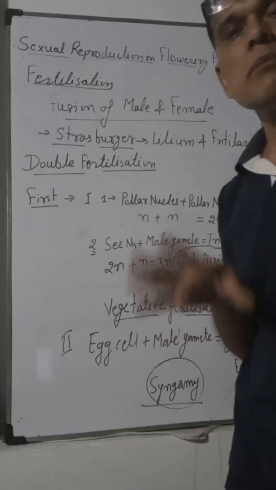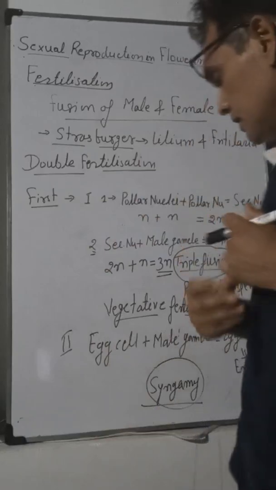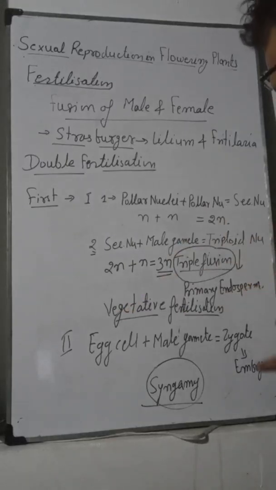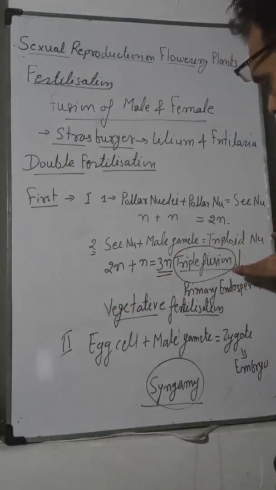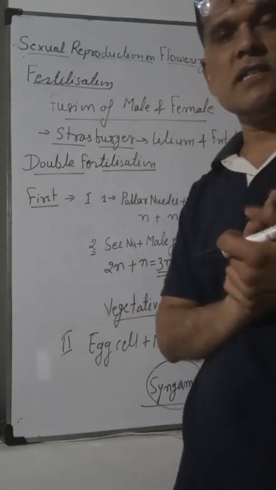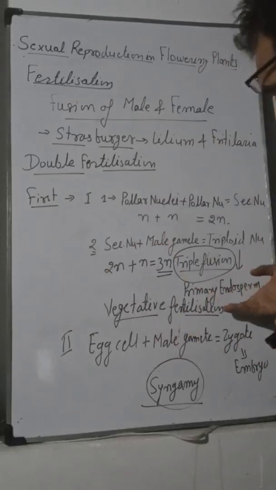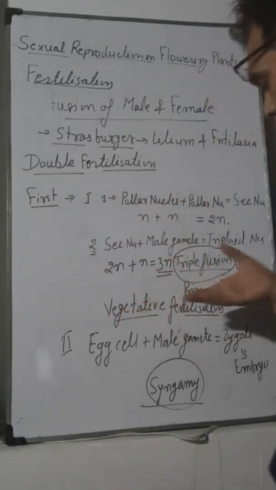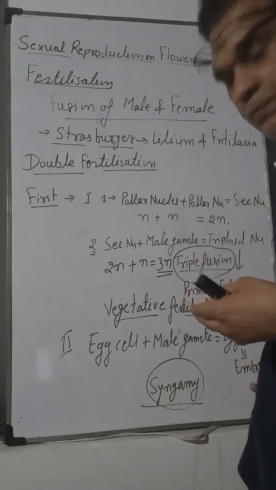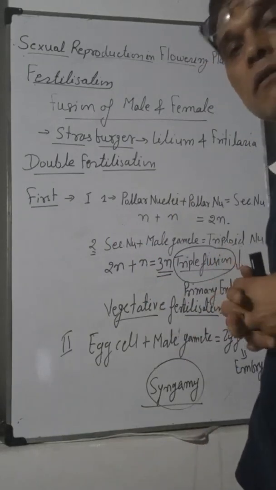In gymnosperms, double fertilization is also there. But in gymnosperms, through the double fertilization, one is the primary endosperm and another is the zygote or embryo. This primary endosperm is developed after fertilization, so there is no use of this endosperm. But in angiosperms, the primary endosperm first develops before the embryo, and then provides nutrition to the developing embryo.